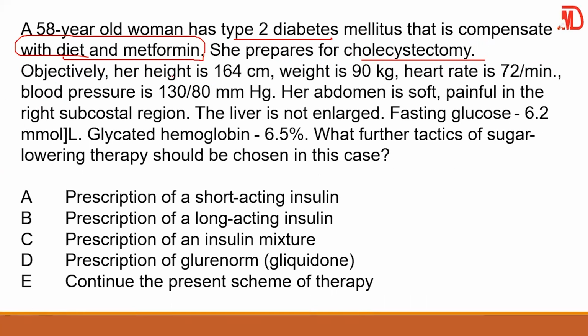Her height is 164, weight is 90, heart rate is 72, blood pressure is that, her abdomen is soft, painful on the right subcostal region. Liver is not enlarged, fasting glucose is 6.2, glycated hemoglobin is 6.5. Again, it's not supposed to be more than 6. So 6.5 means indeed there's diabetes. What further tactics of sugar lowering therapy should be chosen in this case?